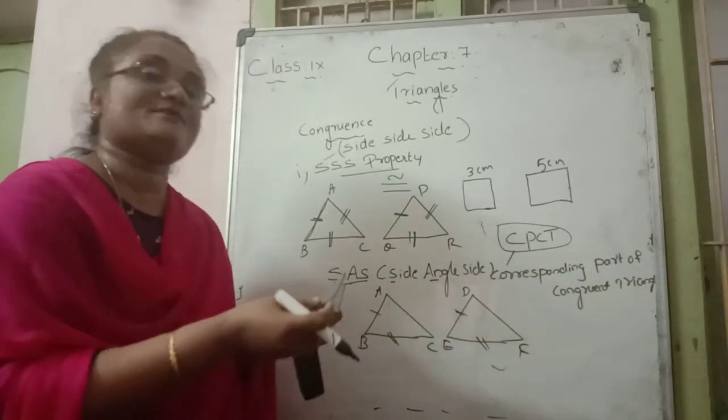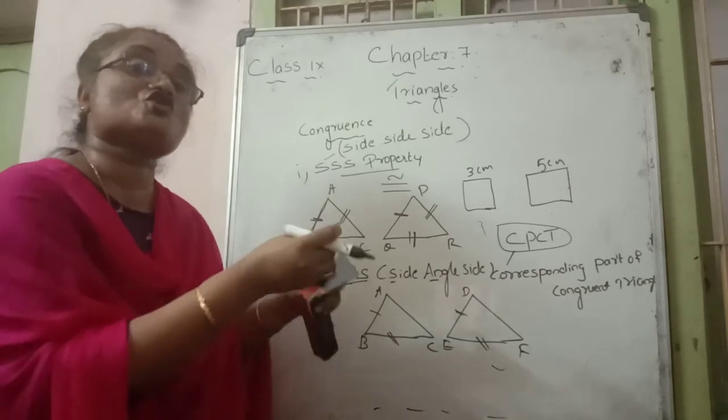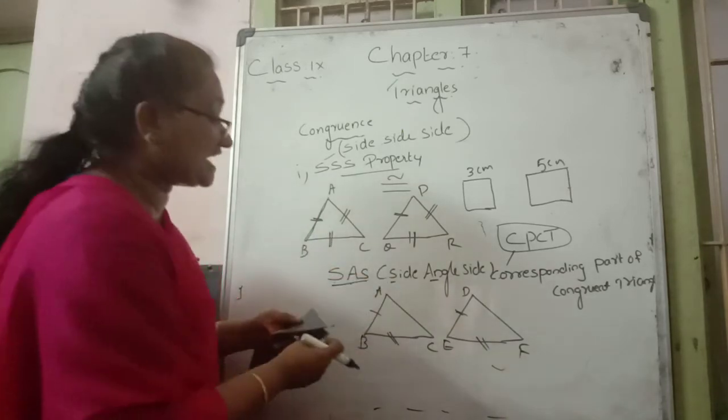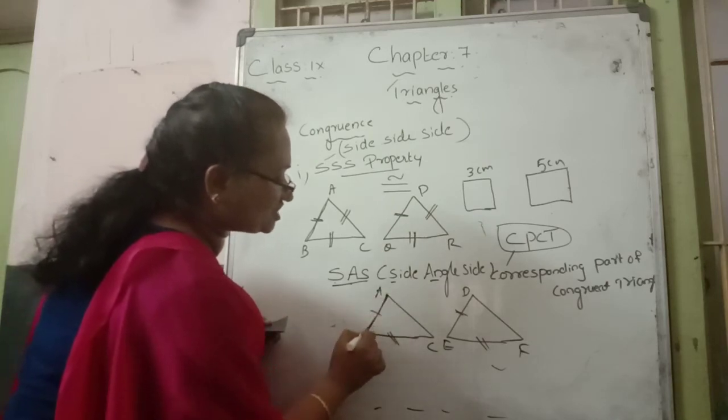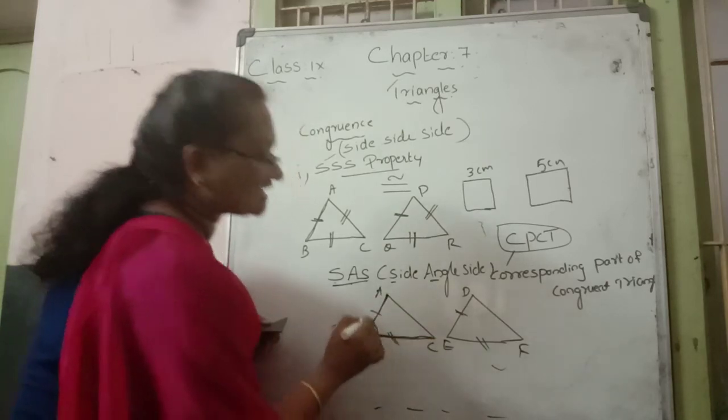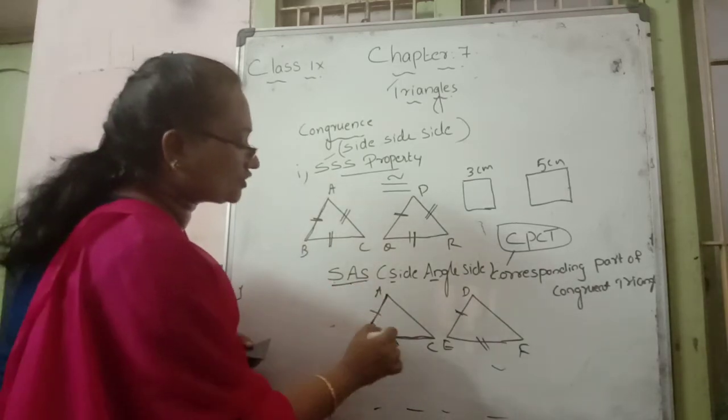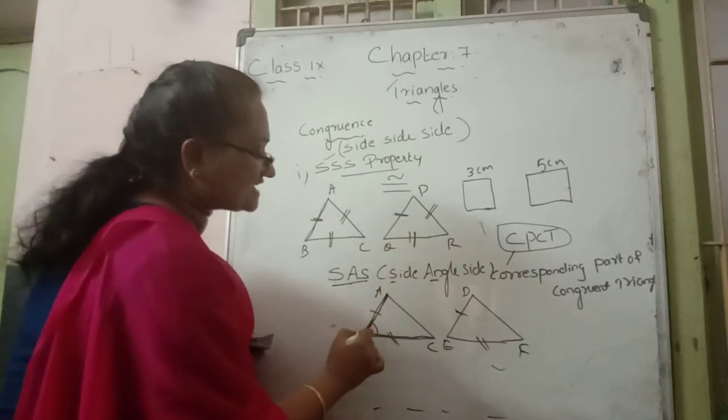They have equal measurements. These two sides include which angle? Angle B is included by sides AB and BC.